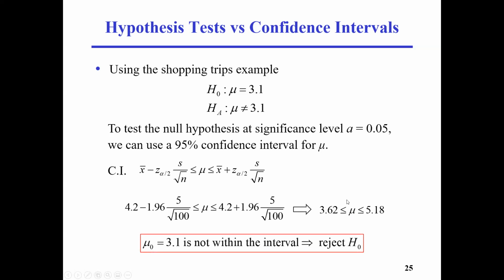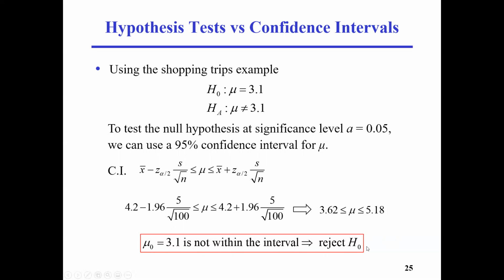So mu equals 3.1. That's our null hypothesis. Is 3.1 inside this confidence interval? Of course not, because 3.1 is smaller than the left boundary of this interval, which is 3.62. So 3.1, which is mu0, is not within the interval.